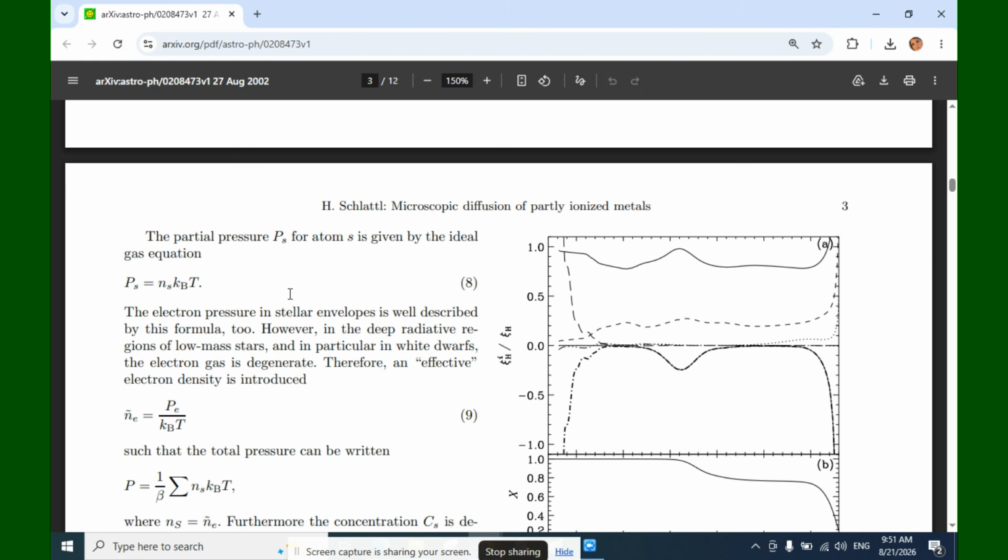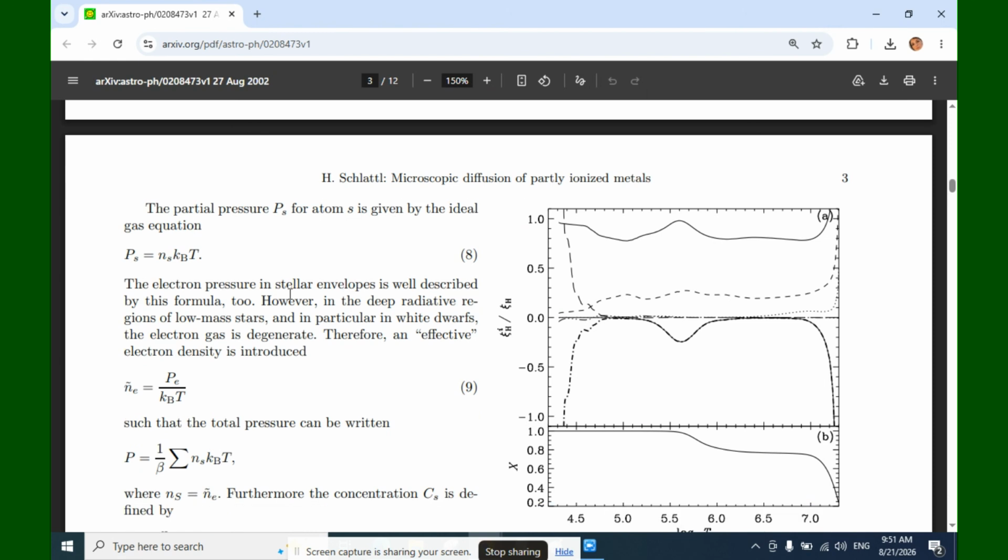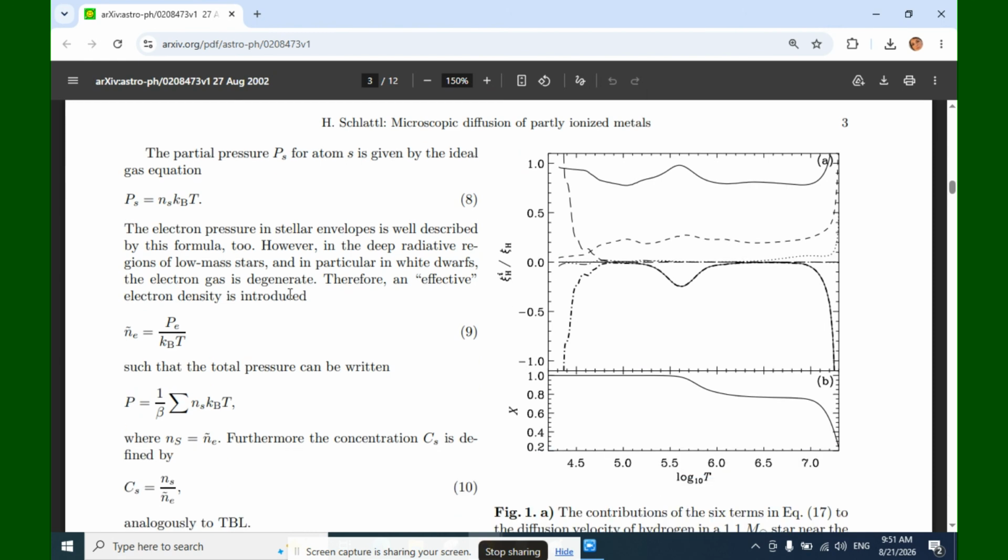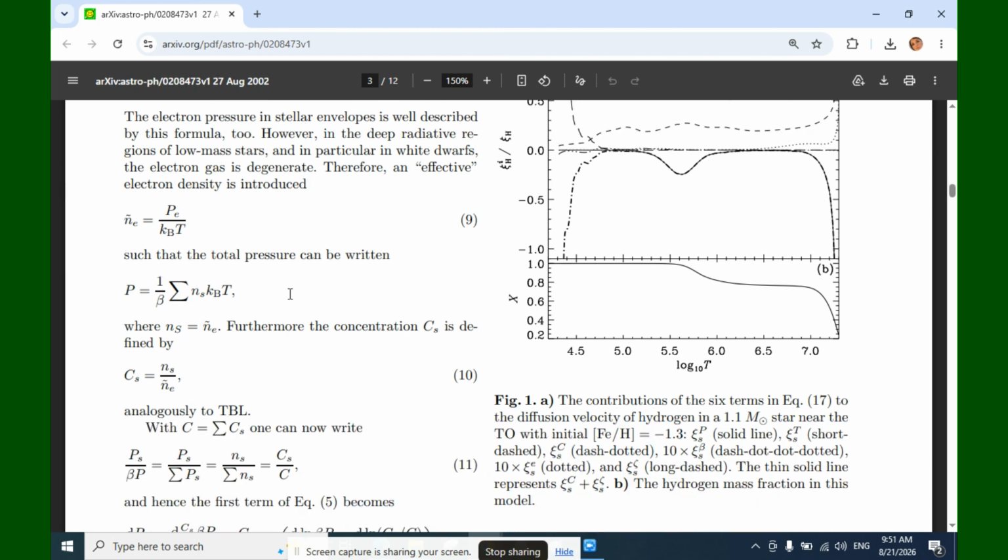Therefore, an effective electron density is introduced, n_e is equal to P_e divided by k_B T, such that the total pressure can be written as this equation: P is equal to 1 divided by beta, the sum of n_s k_B T.